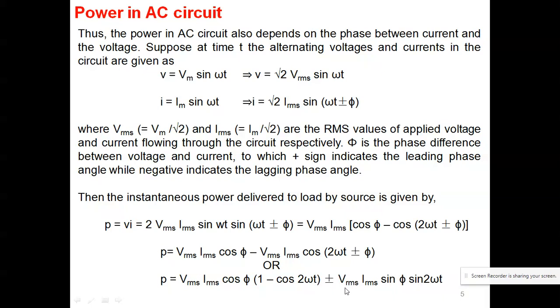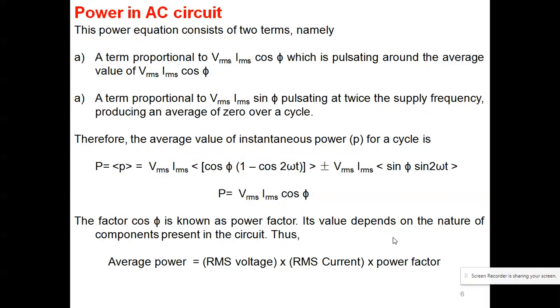This term has the time component here, and it also has it here. So when I'm calculating the power of an AC circuit, it has two main components, the first and second terms. The first term is proportional to the voltage RMS value multiplied by the current RMS value and multiplied by cos phi, which is pulsating around the average value.